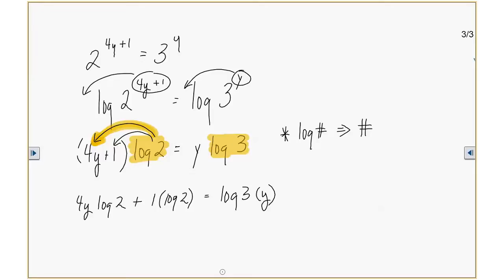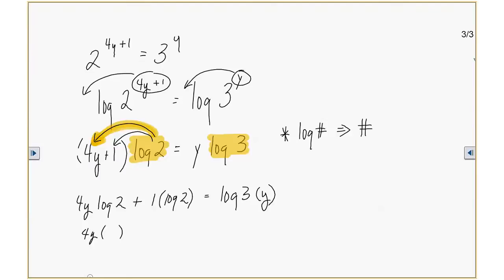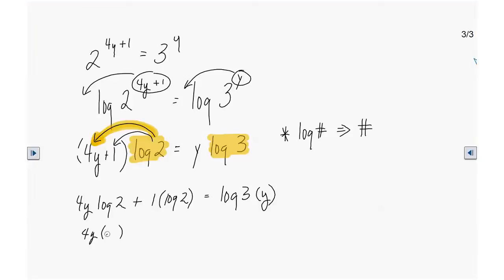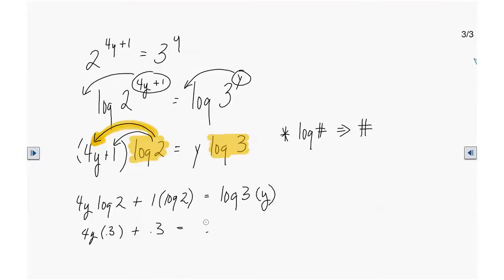So somebody give me the log of 2. What is the log of 2 in your calculator? Just give me the first decimal place. 0.2, 0.3, what is it? I'm sorry, what? 0.3 plus 0.3 is equal to, what's the log of 3? 0.5.